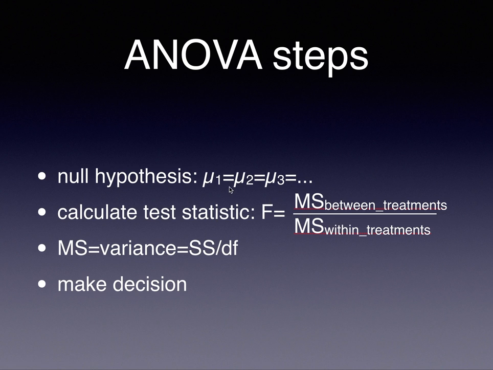And under that null hypothesis assumption, we look at the variability among the three means and compare that to variability within each group. And when the null is true, sometimes you will get samples with means that are much more different from each other than the scores within each group are from each other.